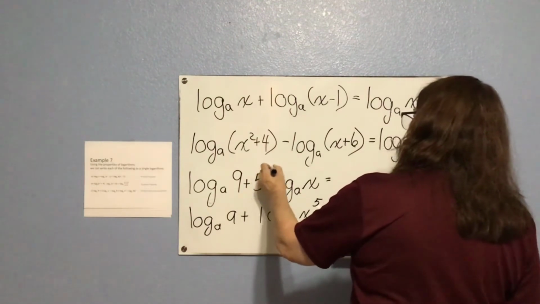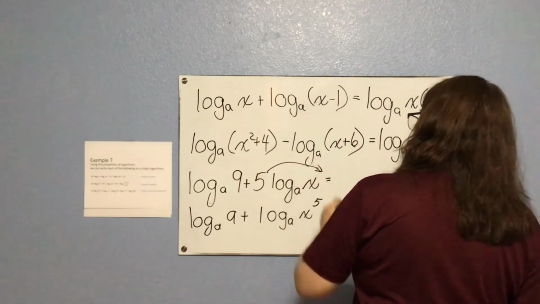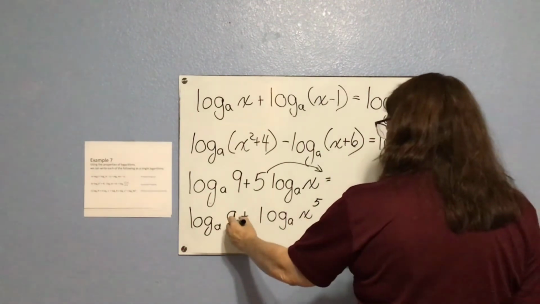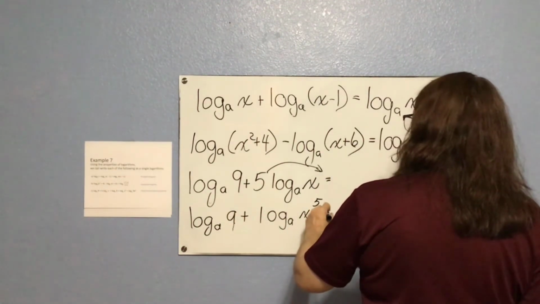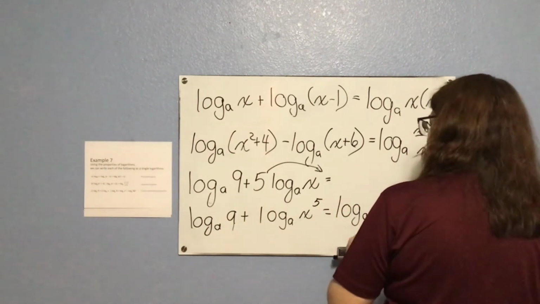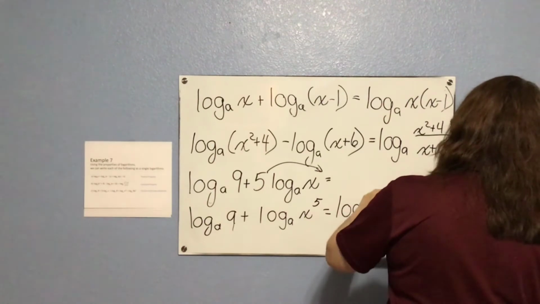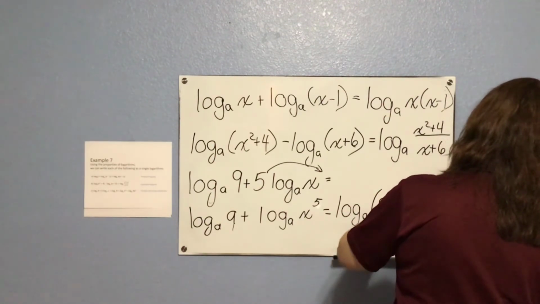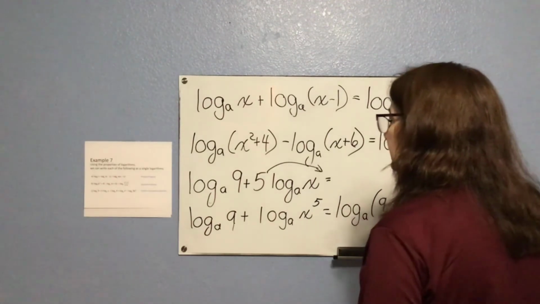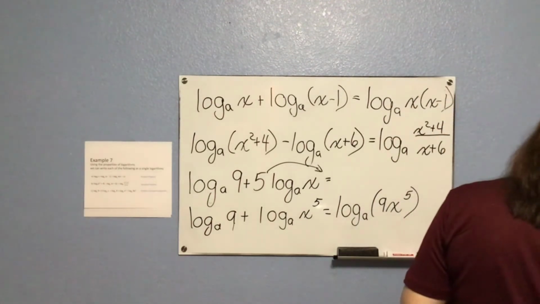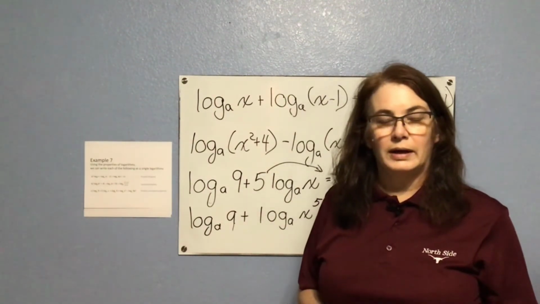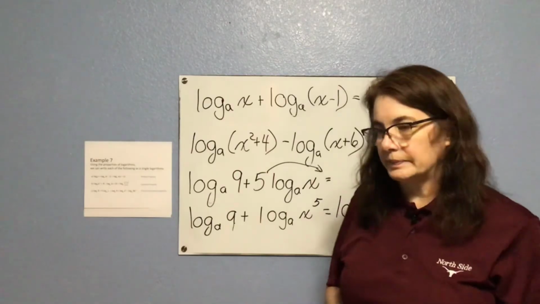I can bring this 5 out here and make it an exponent. And now I can combine these two and get log base A of 9x to the 5th. Pause the video now and work on checkpoint 6.